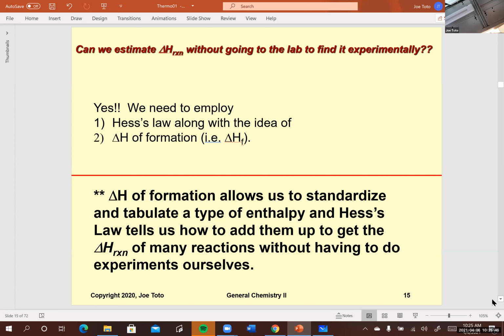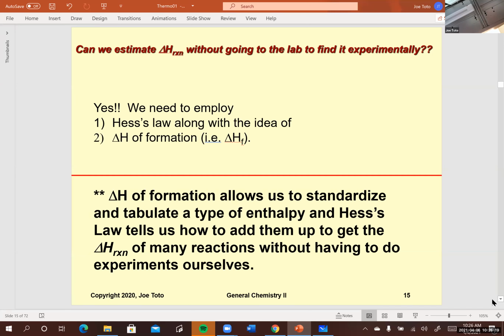Because you could go to the laboratory and take a couple reactants, react them, and see, for example, if energy is given off in the form of heat or it's absorbed, and we can see how much by, say, the change in the temperature of the surroundings, use its specific heat and its mass. But instead of doing that, we want to know, is there a theoretical way to calculate this without having to go to the laboratory every time?